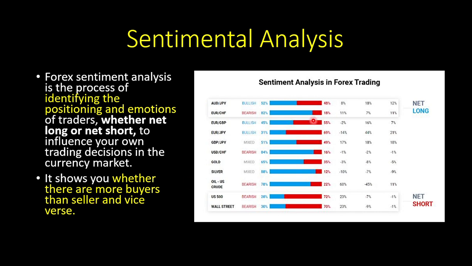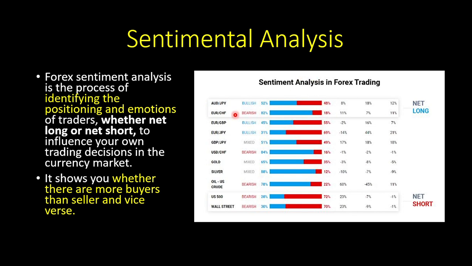So when we look at this picture to the right, we see AUD versus Japanese yen, Australian dollar versus Japanese yen. It shows that 52% of the traders are bullish and 48% of the traders are bearish, meaning it's almost a tie. Therefore, price will not move a lot during this time. It will be more like a tug of war.